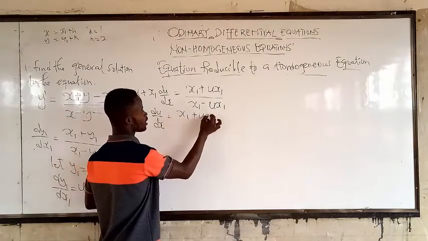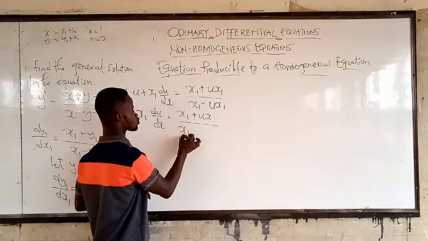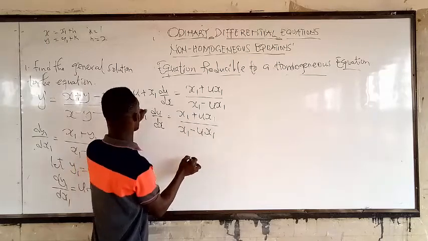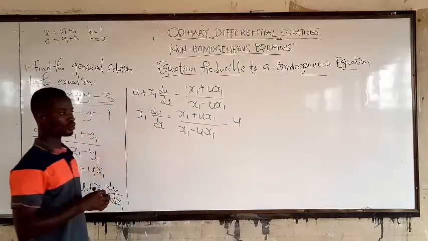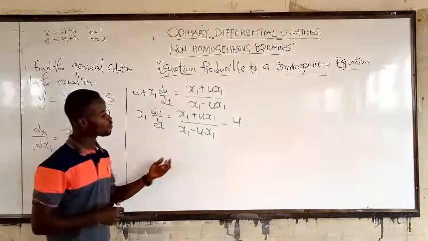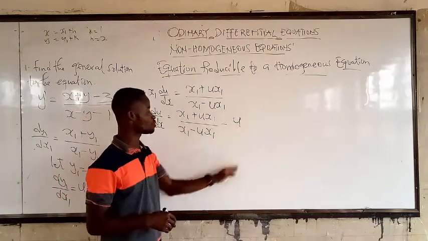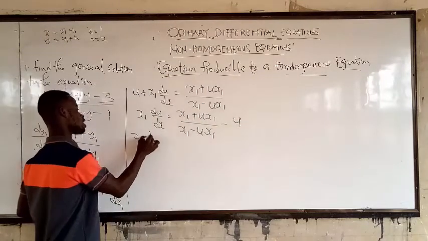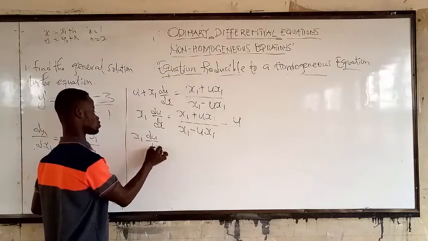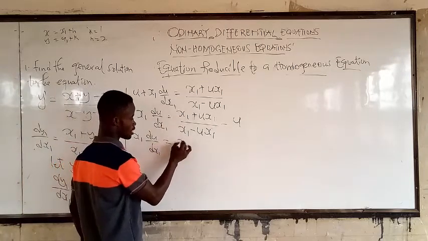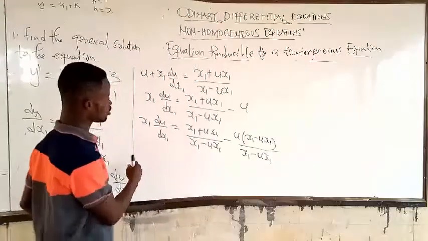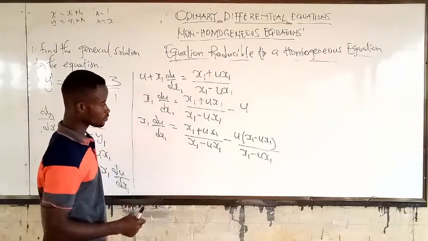So here, let's move on. x1 plus u x1 over x1 minus u x1. Then you send it to this side, you get minus u. Here, the idea is that we want to achieve the same denominator. So x1 du dx1 is equal to x1 plus. That is what we have.